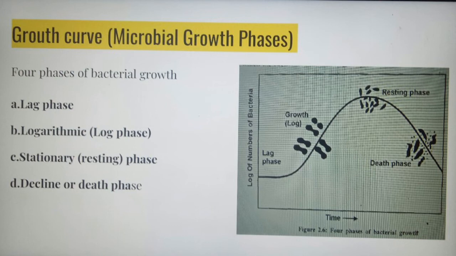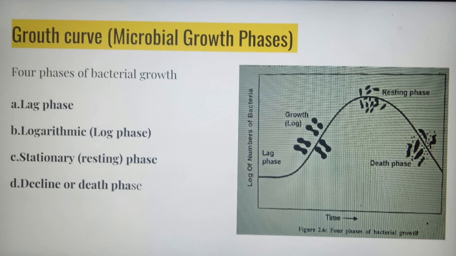In this manner, the microbes increase in their number exponentially or by geometric progression with time, that is 1 to 2, 4 to 8, 16 to 32 and so on. Therefore, if the logarithm of the variable count is plotted against time, a straight line will be obtained.